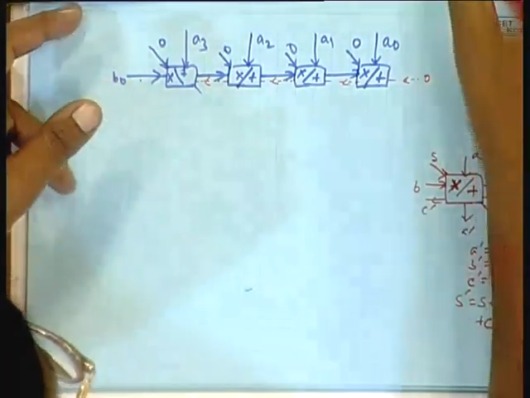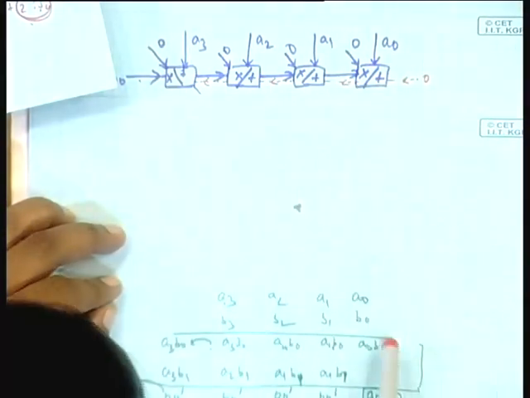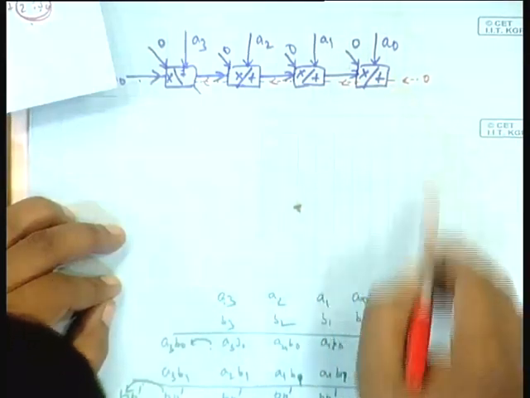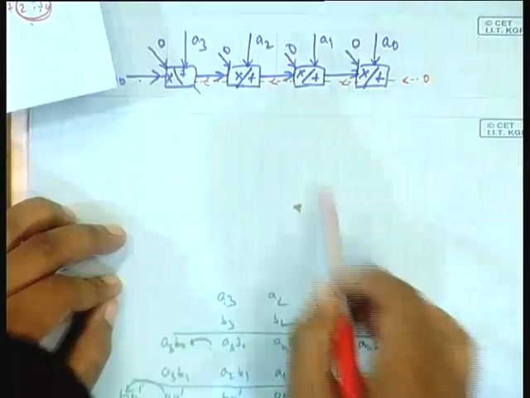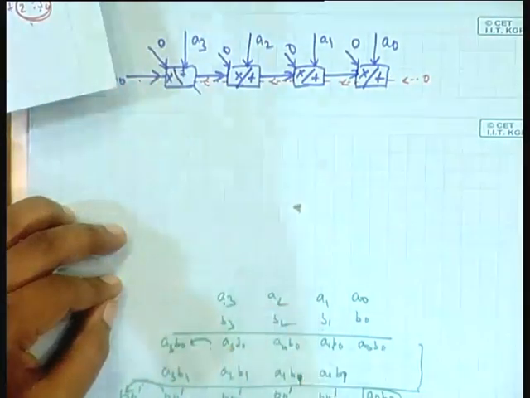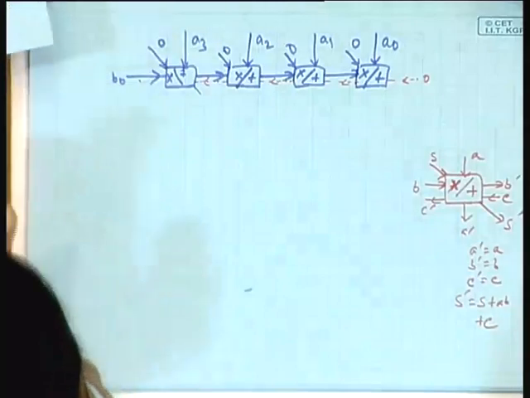So, what is this stage doing? A0, B0 propagating, A0, B0 plus 0, that result will come out, but this will be discarded actually. Discarding is done later. A1, B0, A2, B0, only these 4 things are done.